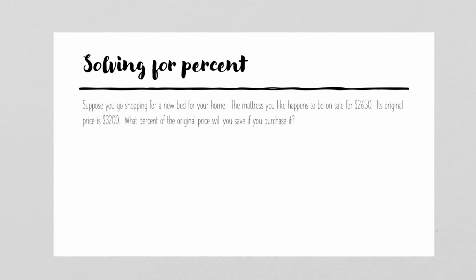Well, I like to start again with the percent equation, which is the percent of the base, or the percent times the base, equals the amount. And it's obvious from what we see here that what's missing is our percent, right? So that's going to be our X. We don't know what our percent is, and we take a percent of our base.